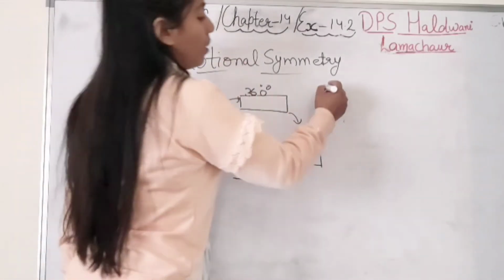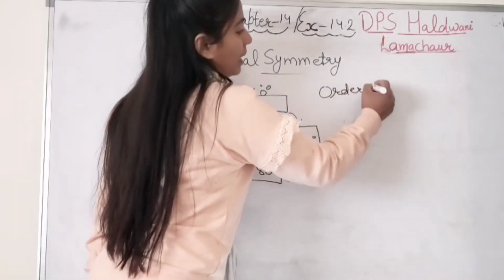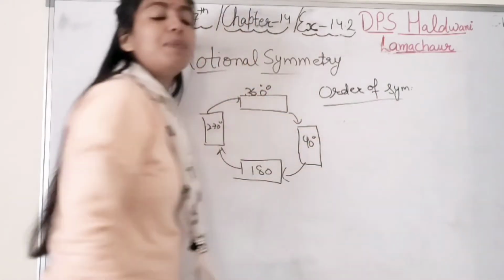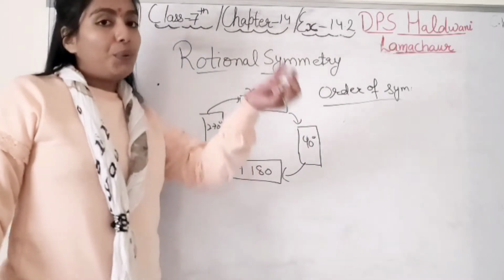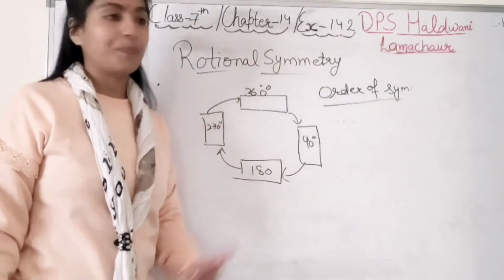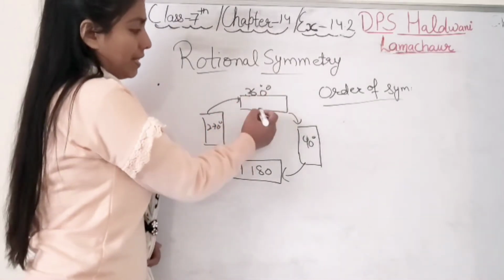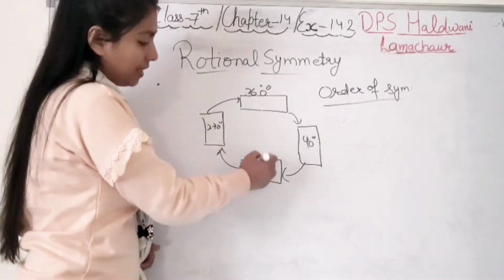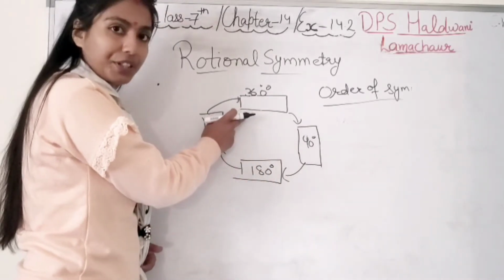Now one term is there, order of symmetry. What is the order of symmetry of this given figure? Student, order of symmetry means when you are rotating the figure, how many times we are getting the same figure. See, at 360 degrees the shape is this. At 90 degrees, no. At 180 it is just similar to the 360 degree shape, right?